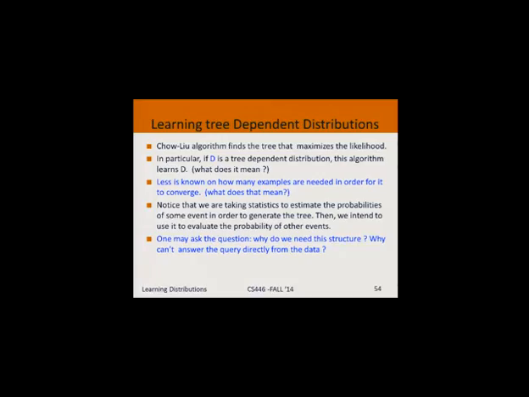In order to generalize, we need to invent some structure, invent some dependencies or independencies, assumptions. Otherwise, we just have to answer the query directly from the data, and we know that we don't want to do this. Okay, questions?